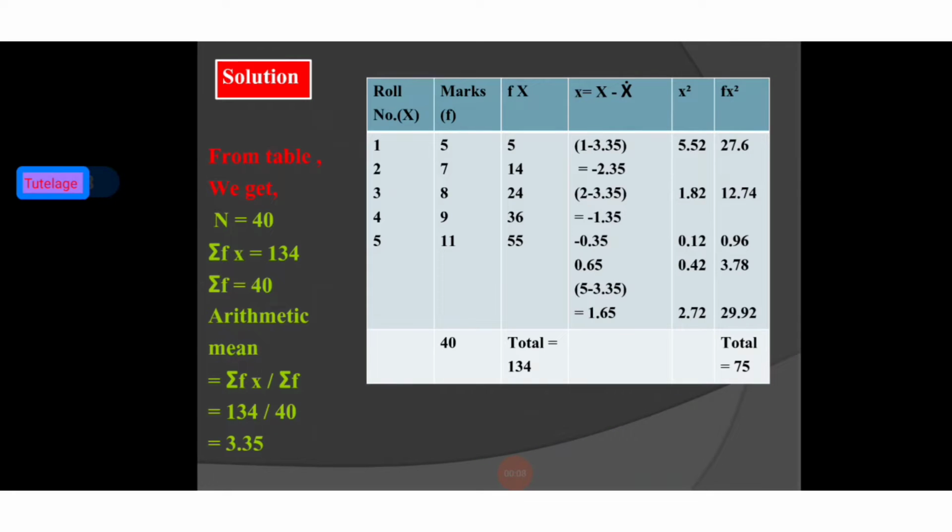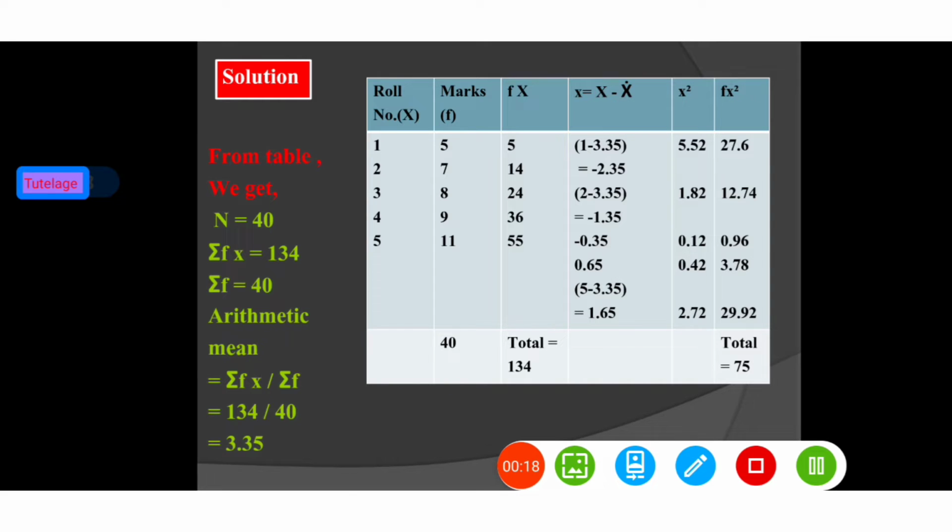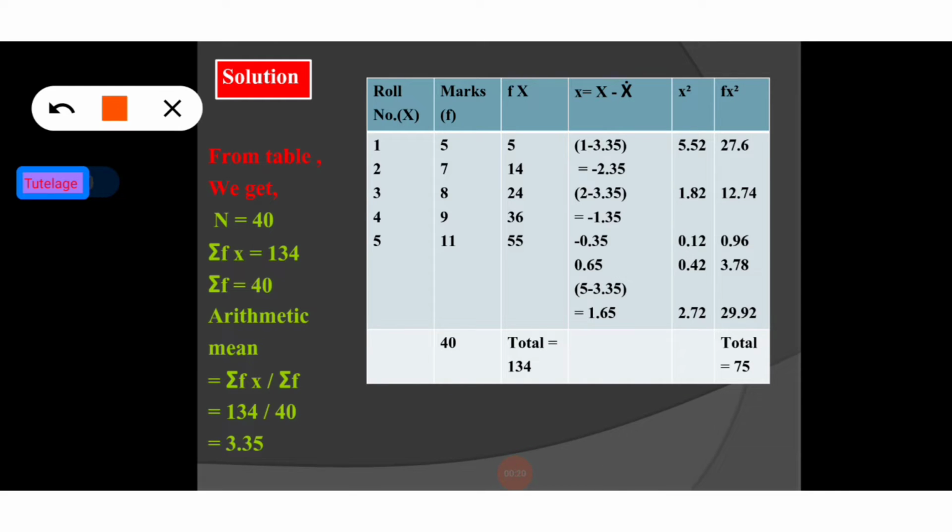So here we can see the solution portion for the particular question. We can see there are 6 columns. The first column indicates the roll number of the students, the second column indicates obtained marks of the students, and the third column indicates f into x.